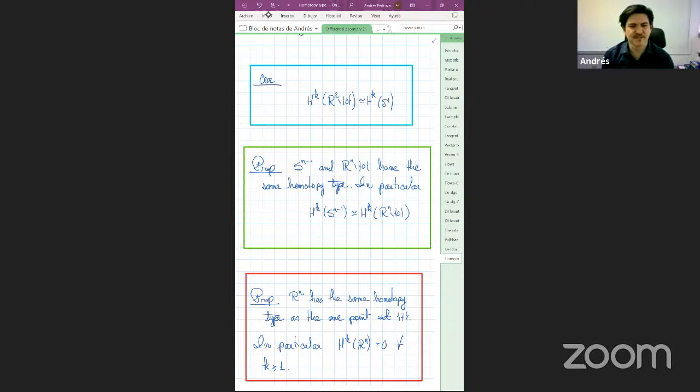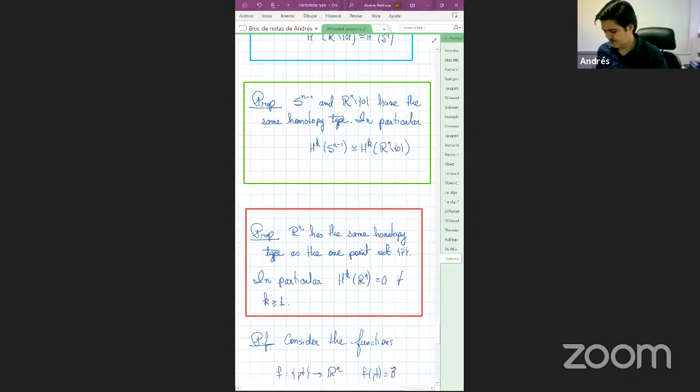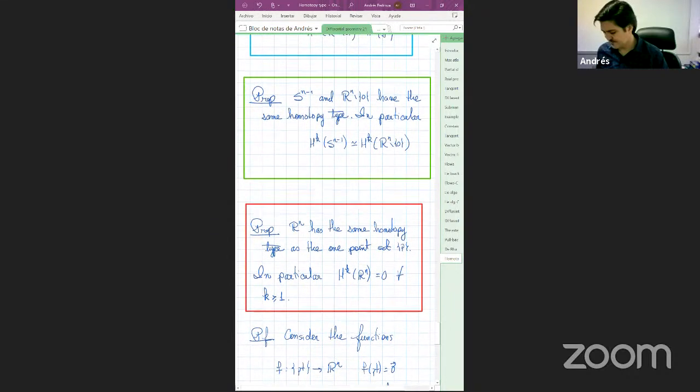So let's prove this. Again, we need to have two maps, do the composition and show that they are in the desired path connected component. So in some cases, we don't have many options.